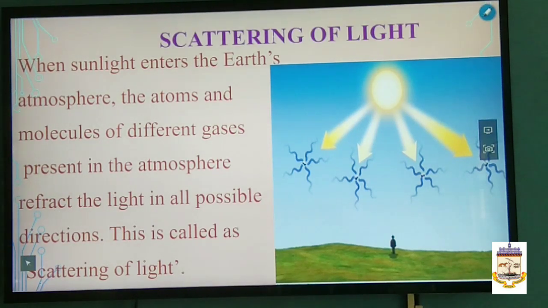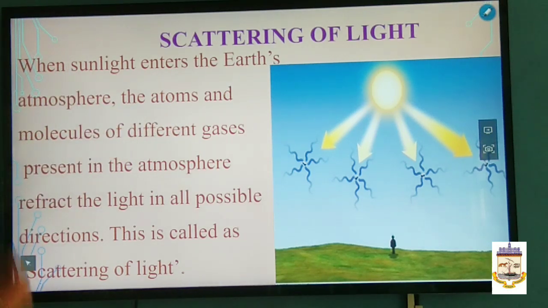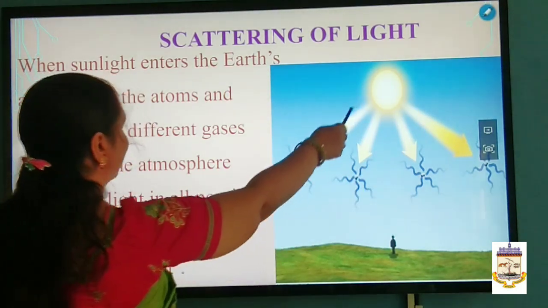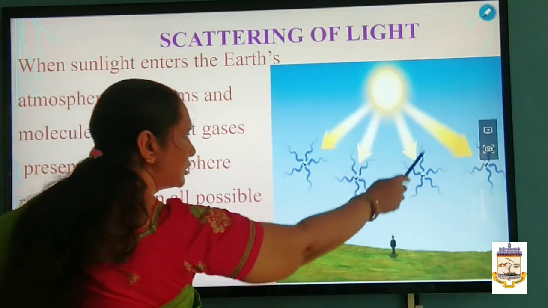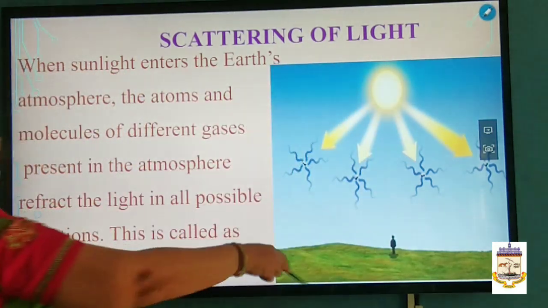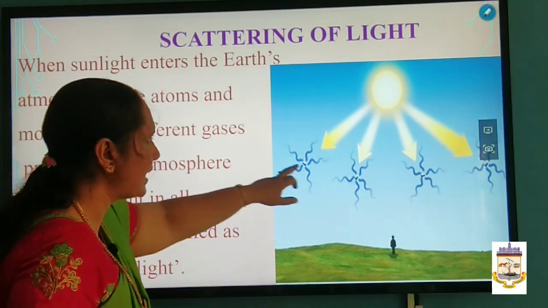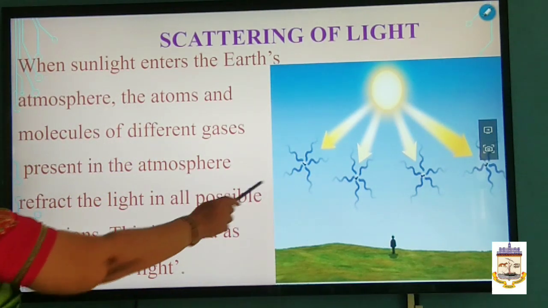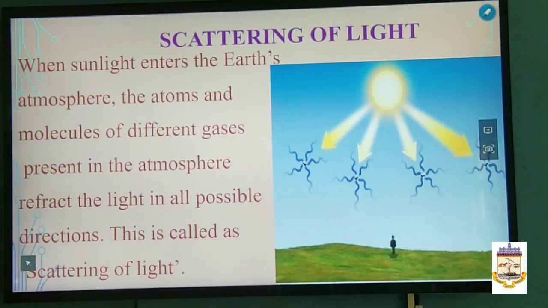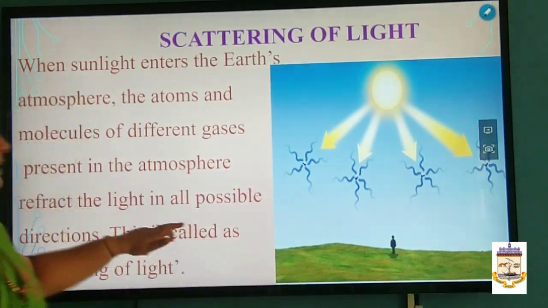When sunlight enters the Earth's atmosphere, the atoms and the molecules of different gases present in the atmosphere scatter the light. Can you see how it gets scattered in all possible directions? This is known as the scattering of light. Does the picture clearly explain it, children?